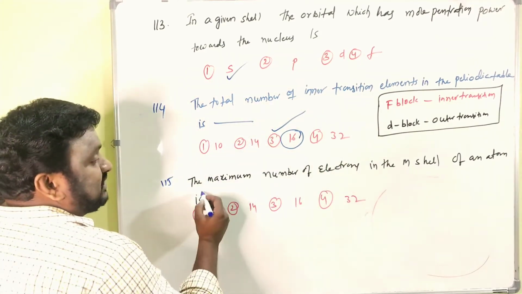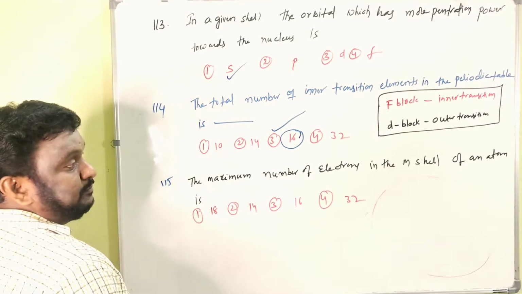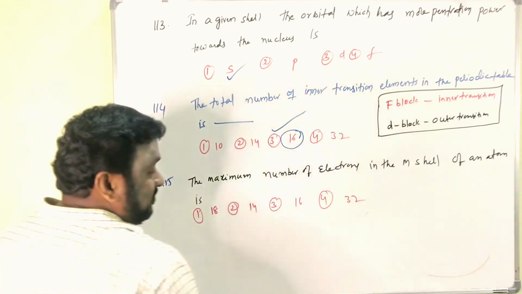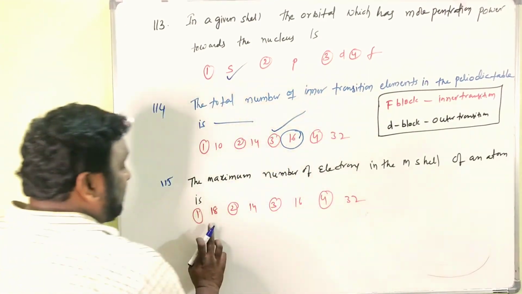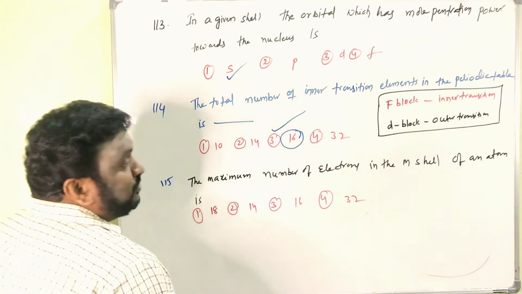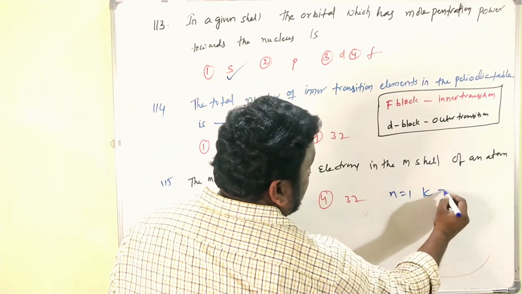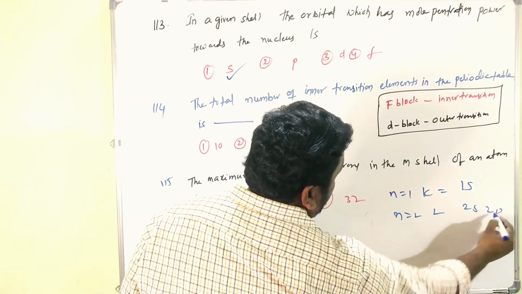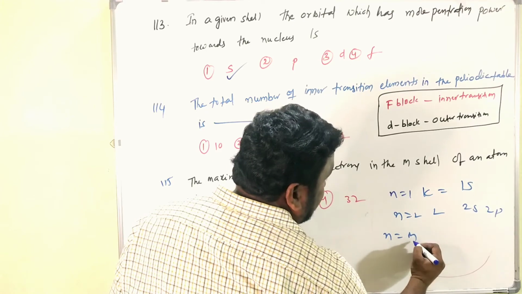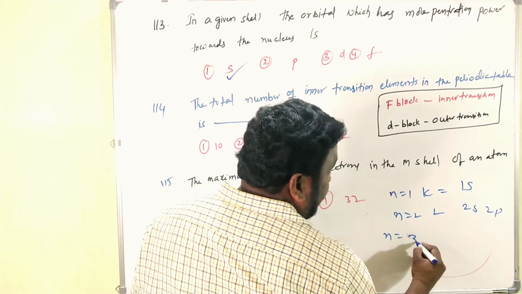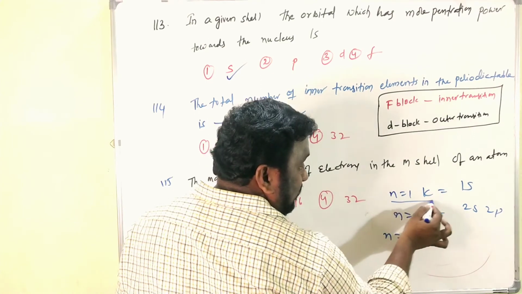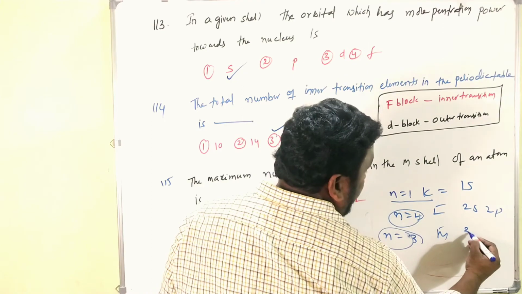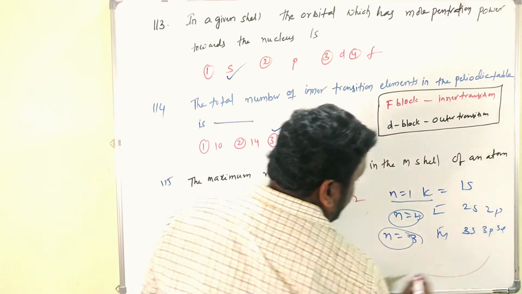Next question: the maximum number of electrons in the M shell. Options given are 18, 14, 16, 32. When n equals 1, K shell, that is 1s. When n equals 2, L shell, 2s, 2p. When n equals 3, that is the M shell, and we have 3s, 3p, 3d.